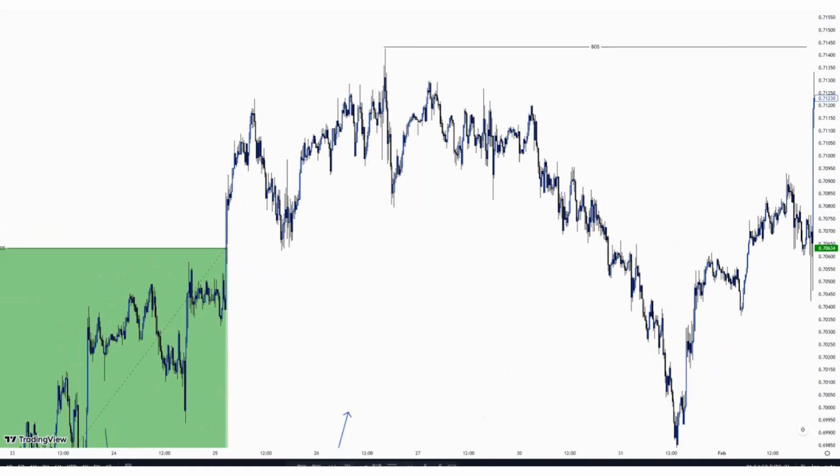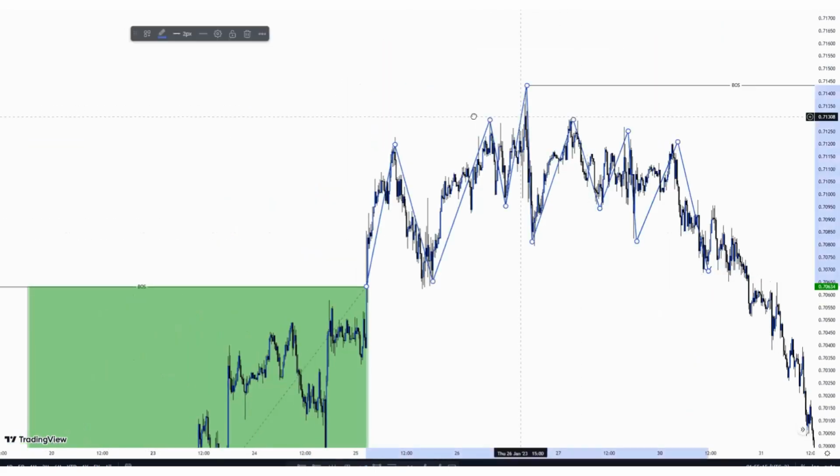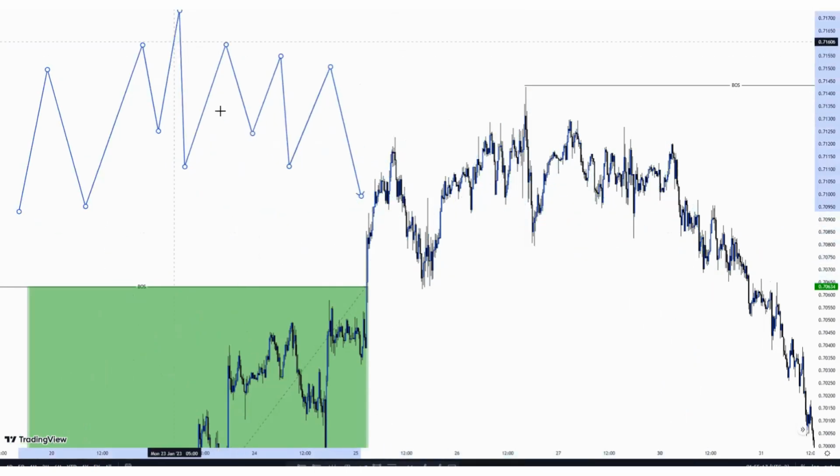Again, you can underline what we have. Just start here. We have that high. I will not be doing this always.